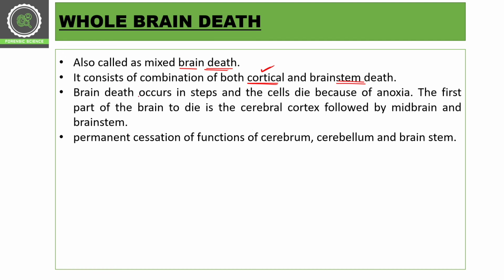Okay, so brain death occurs in steps, and the cells die because of anoxia. Anoxia is a situation where we do not have any oxygen. The first part of the brain which dies is the cerebral cortex, which is followed by the midbrain and then the brain stem.